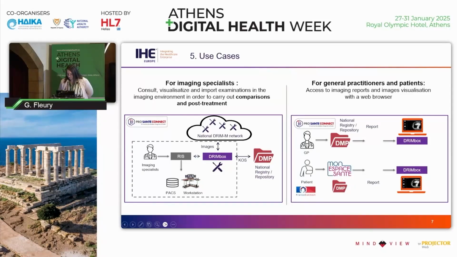And I didn't see there was a transition, but there is a URL on the report. This is what was presented by Charles before. And by clicking on this URL, you can have access to the images via a web viewer that is managed by the DRIM-Box, so the gateway.